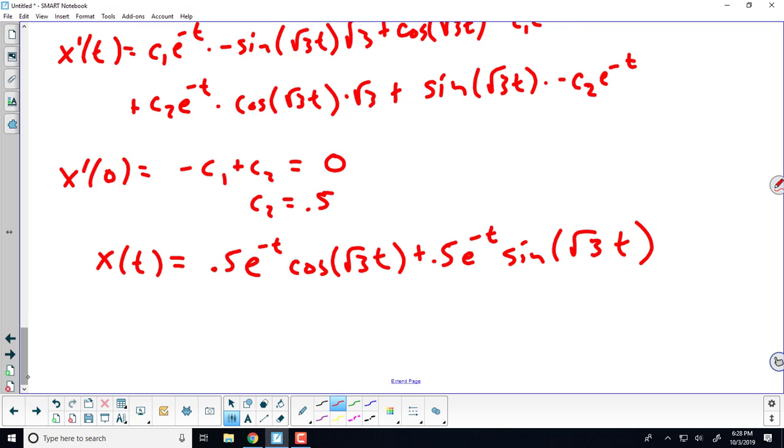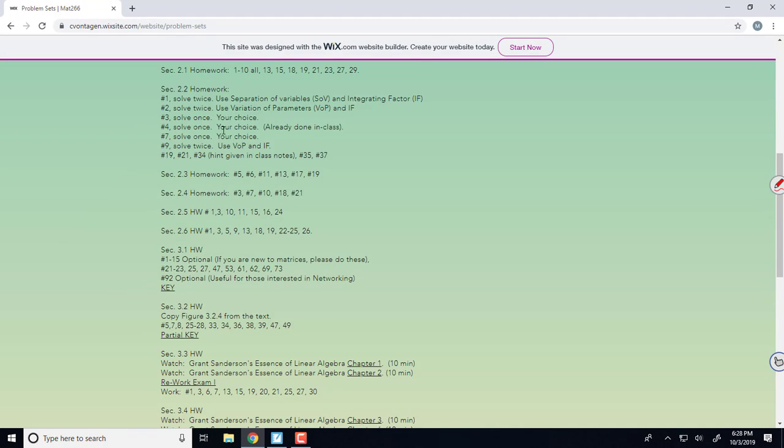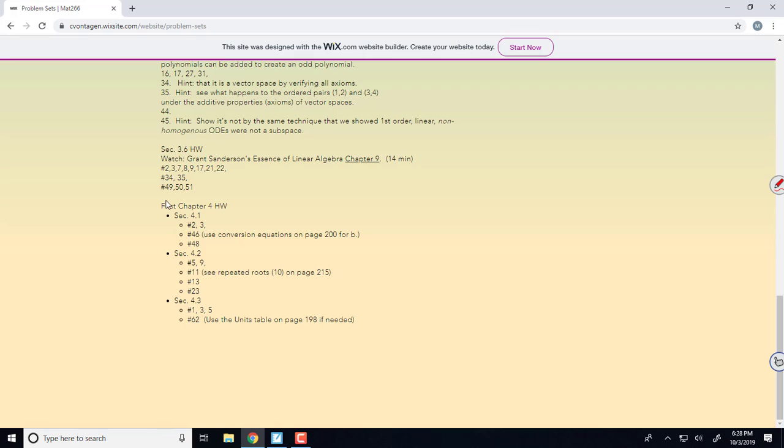Okay, so that's the differential equations side of what we want to do. So if you look at the website, I went ahead and put the first chapter 4 homework, because again, I've covered the material from all 3 sections, but just at a quick skimming.